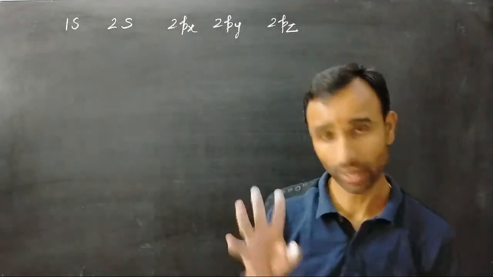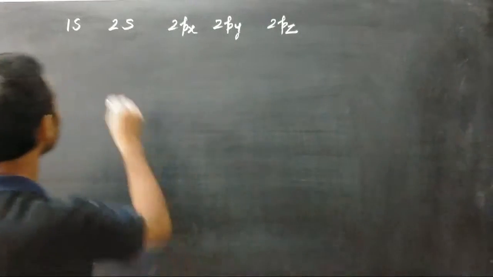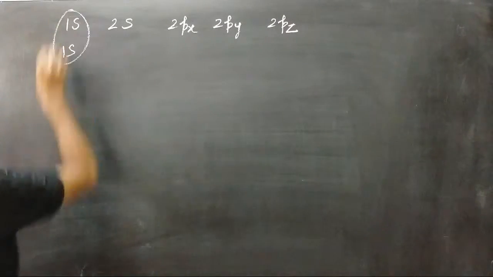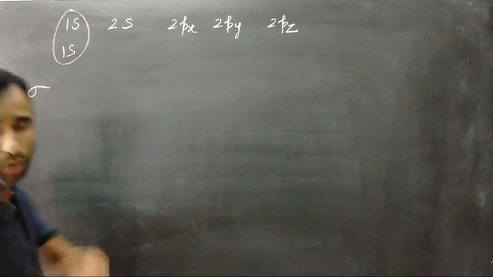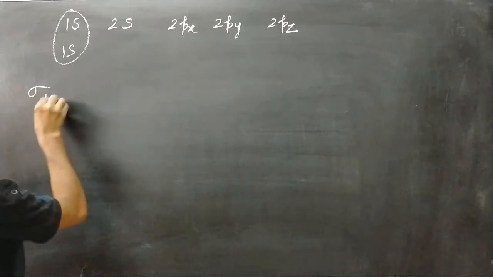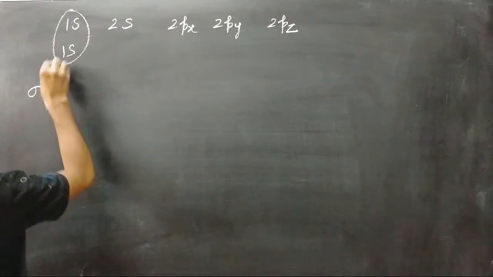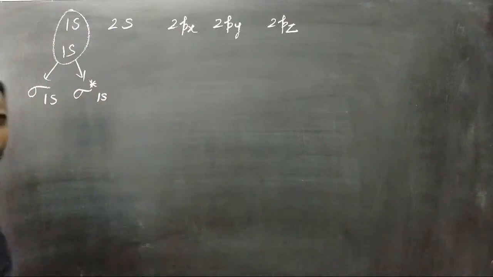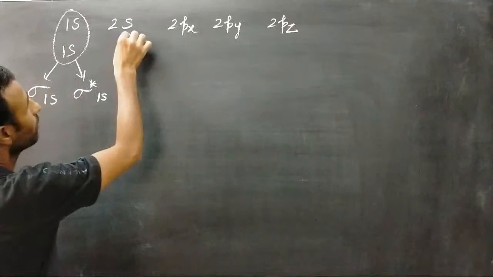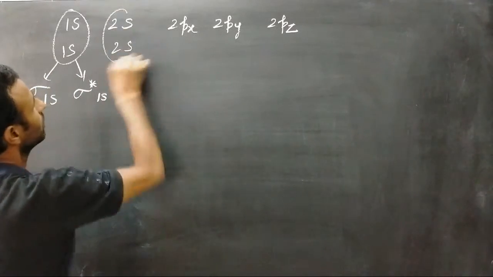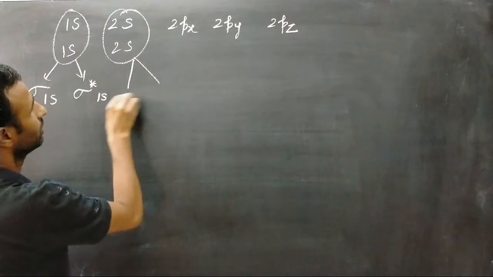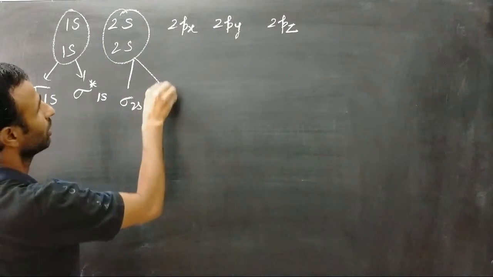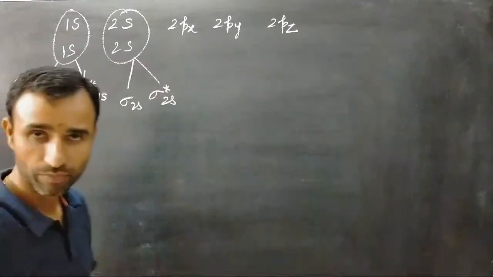But keep in mind, when 1s combined with 1s, we get 2 molecular orbitals: one is sigma 1s, other is sigma star 1s. When 2s combined with 2s, we get sigma 2s and sigma star 2s.